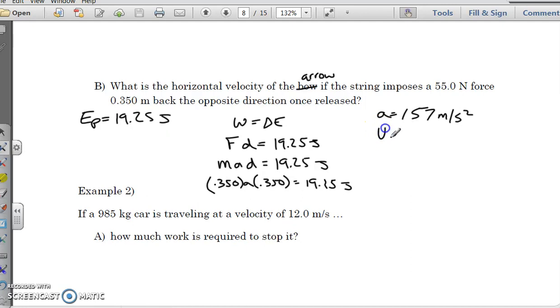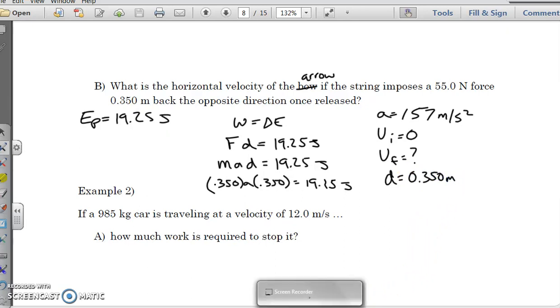Assuming an initial velocity of 0, we're looking for the final velocity, and we know that this distance is 0.350 meters, right? That is the distance that this string is pushing back on the arrow. And so we're going to use vf squared is equal to vi squared plus 2ad. We don't need to worry about the initial velocity because it is 0.